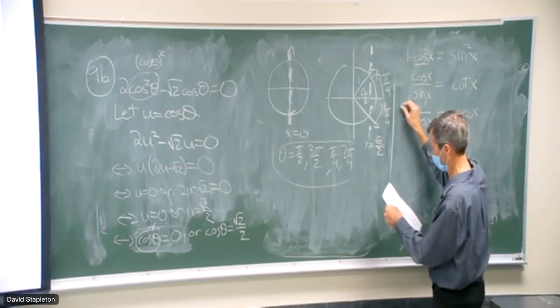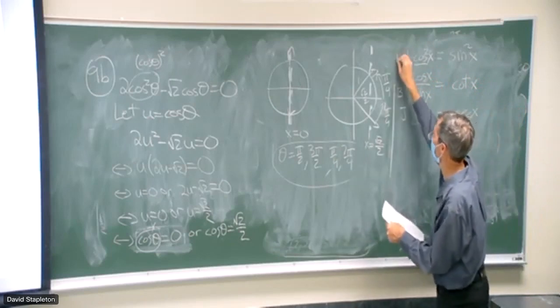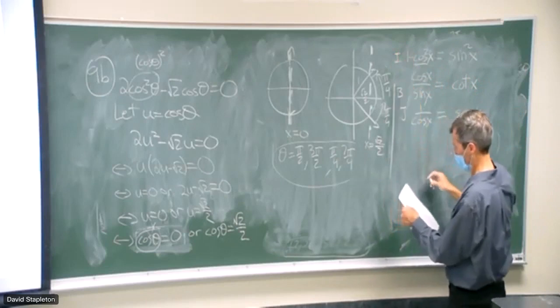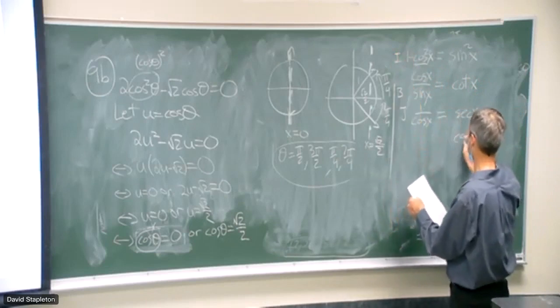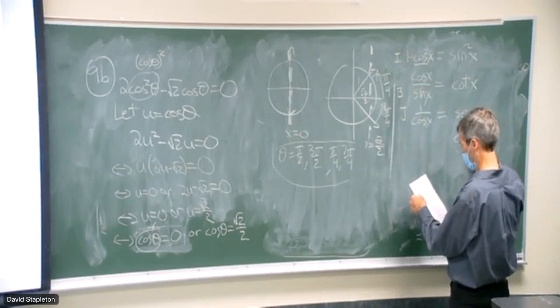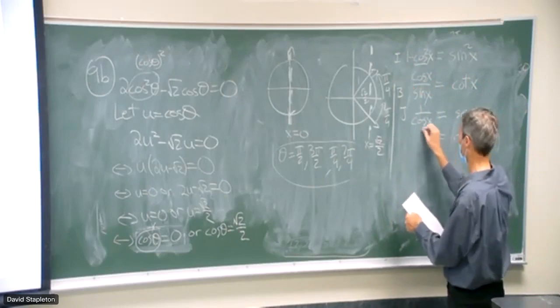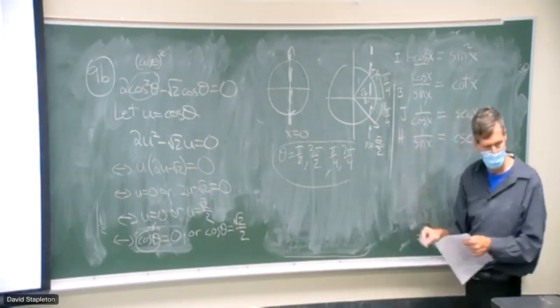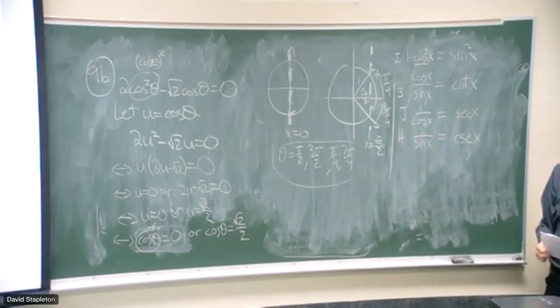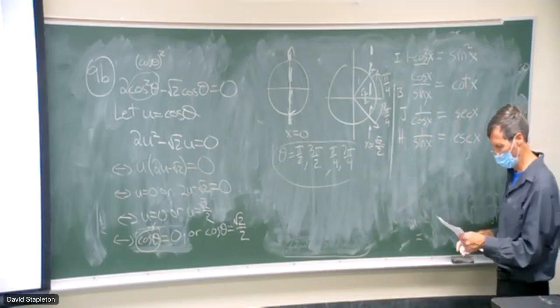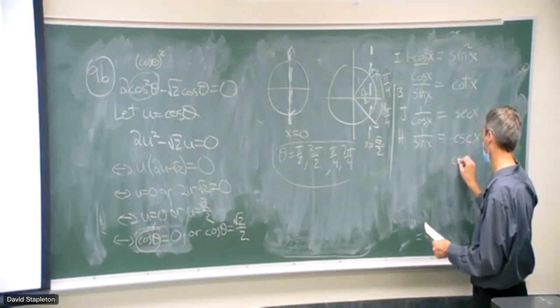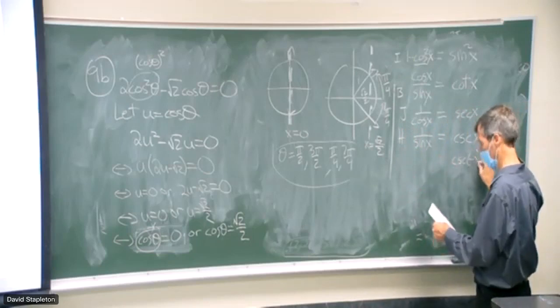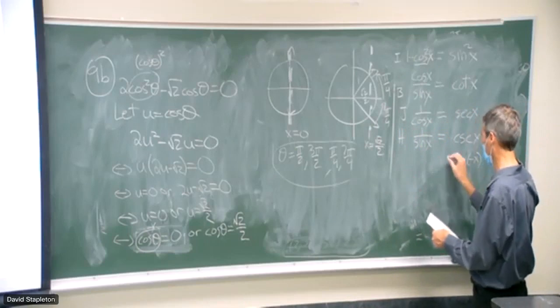Put the letters in: j, b, I. And another expression for cosecant x was h, 1 over sine x. And another expression for cosecant of minus x was d, minus cosecant of x.